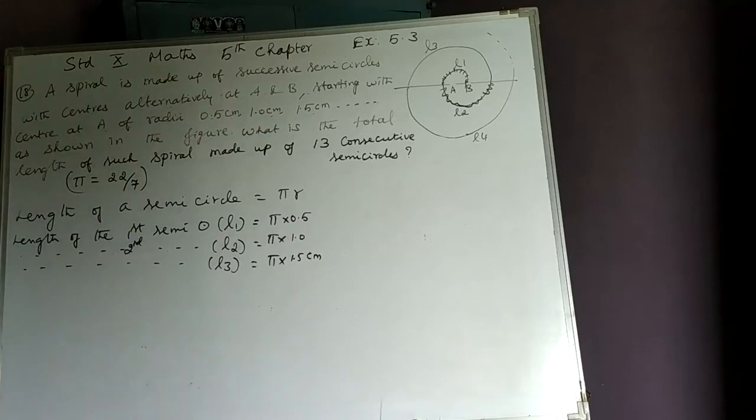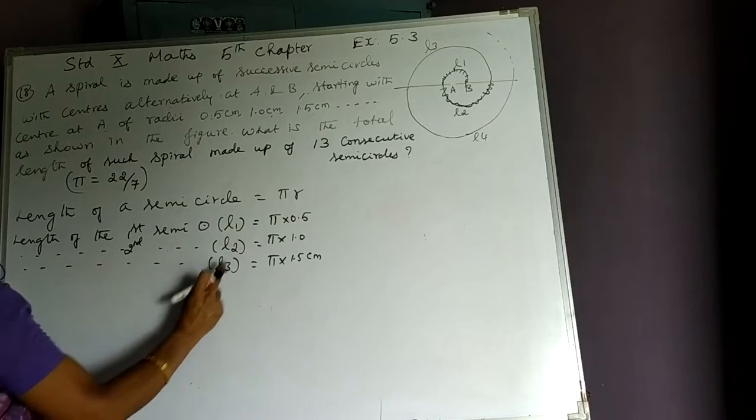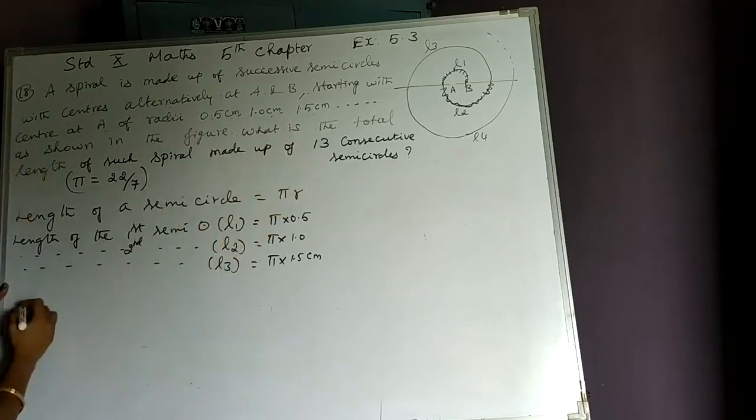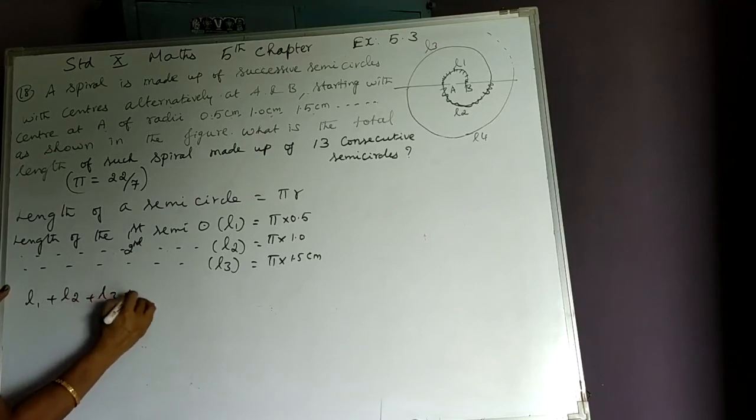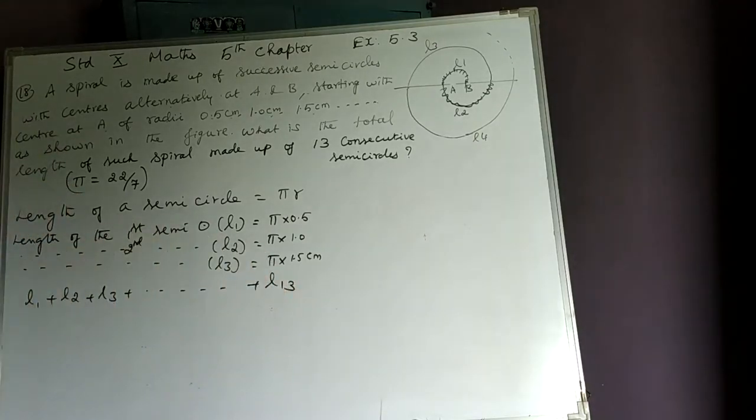Right? Okay. So, how many semicircles are drawn? 13 semicircles are drawn. So, we have to find the sum of L1, L2, L3, up to L13. So, we are supposed to find L1 plus L2 plus L3 up to what? Up to L13. So, what is the length of the first semicircle? 0.5 pi.